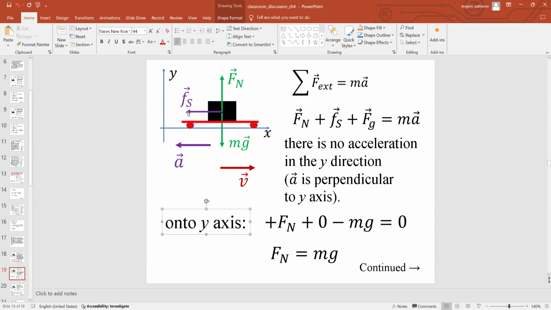You got zero static friction because it's perpendicular onto y-axis. You got negative gravity onto y-axis because it's pointing in the opposite direction. And acceleration is also perpendicular to y-axis, so its component is 0. What do you get? You get normal force equals mg. That's exactly what you expect.